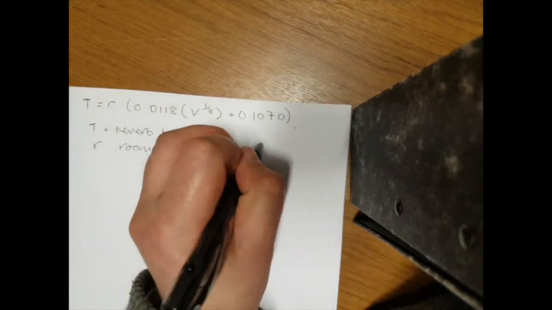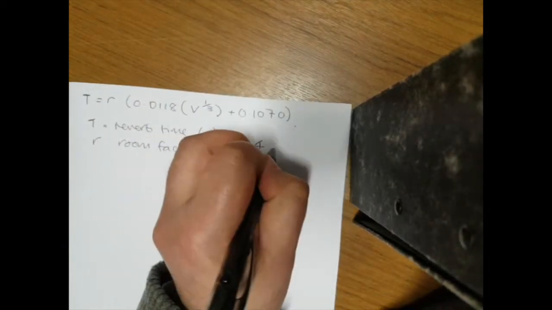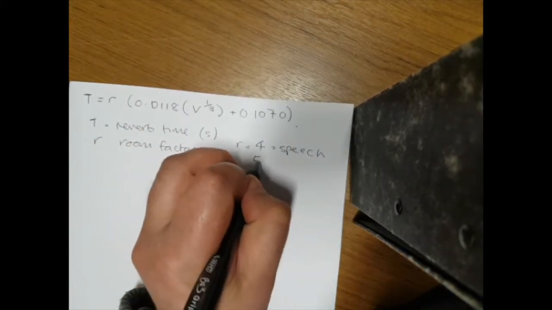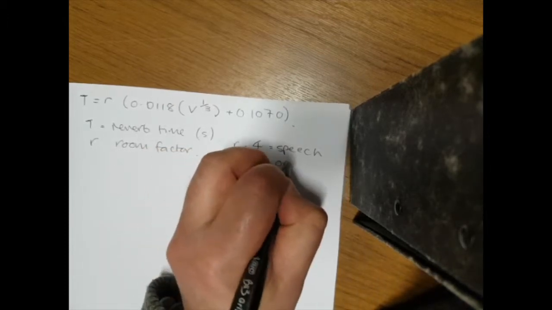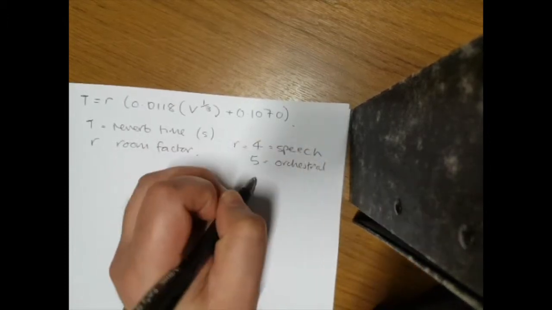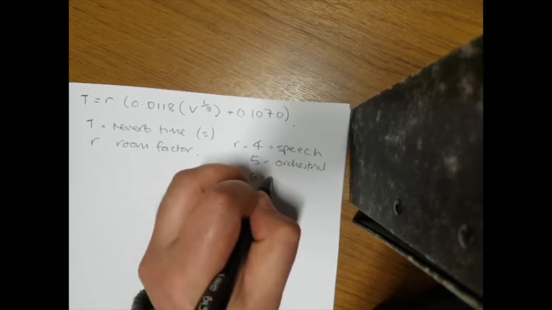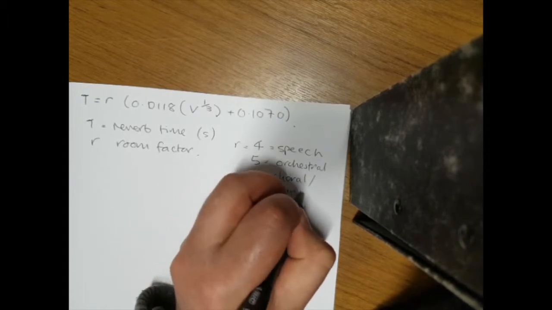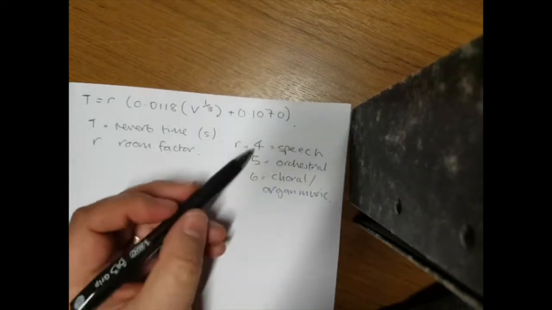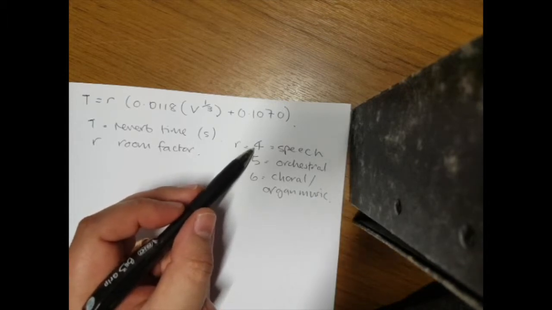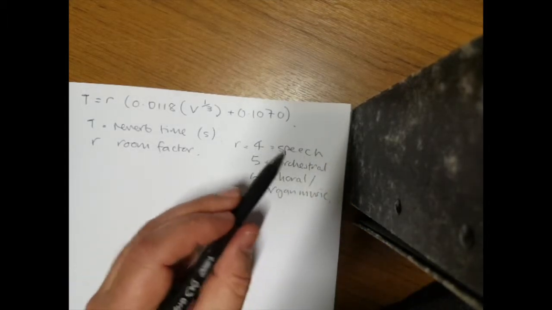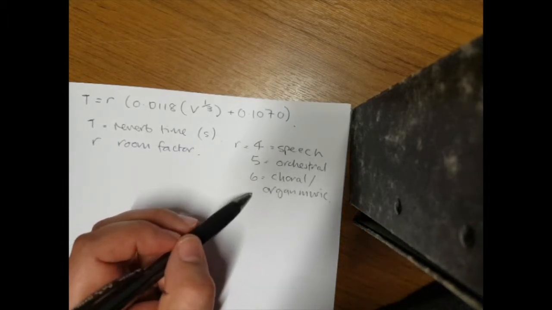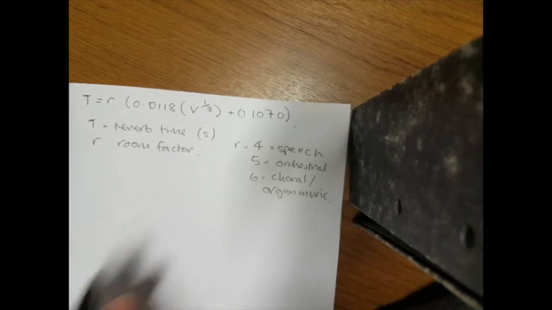It can be 4 for speech, it can be 5 for orchestral music, and it can be 6 for choral or organ music. Okay, so you can see here that we would obviously in each of these need a shorter reverb for speech, a sort of medium reverb for orchestral music, and a longer reverb for choral and organ music.